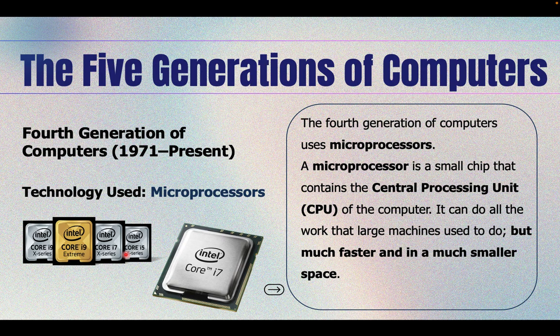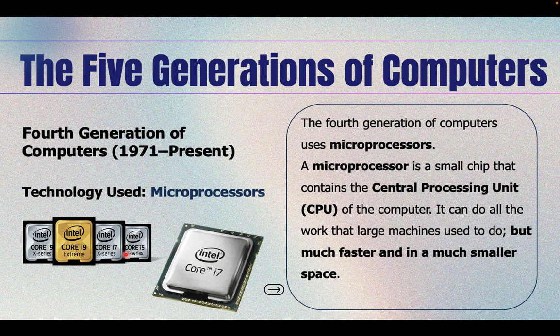And people started to actually have computers in their homes, and computers became very small in size. Now, when we talk about the microprocessor, that is the small chip that contains the central processing unit. Central processing unit consists of the arithmetic logic unit and then the control unit.